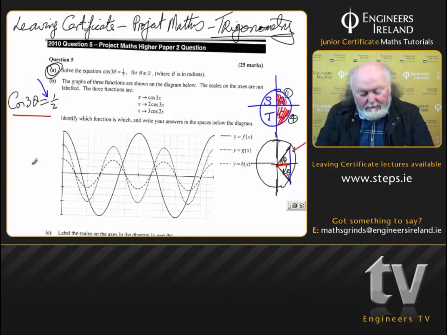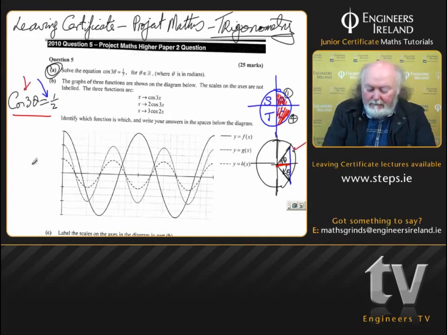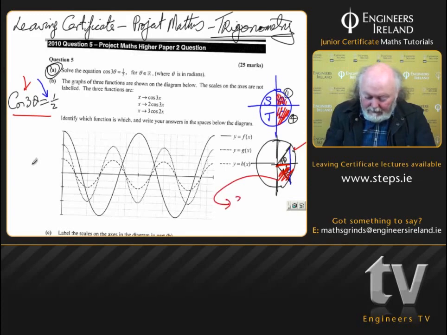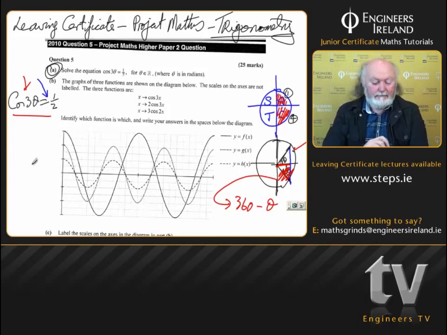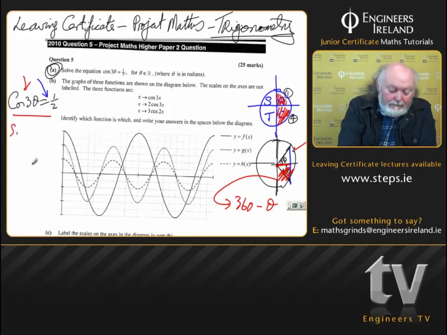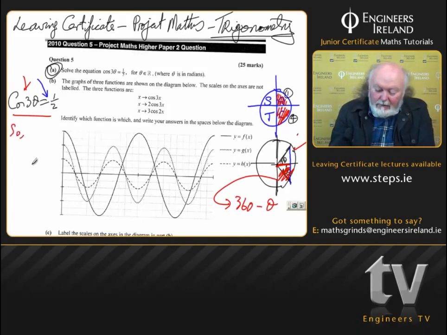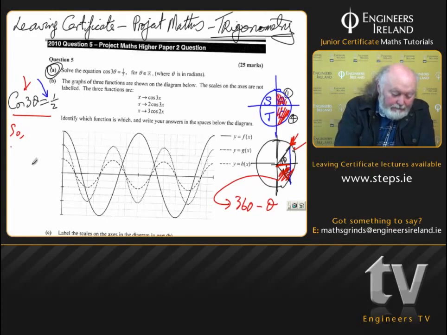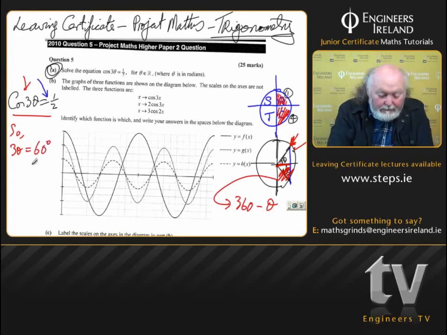The first quadrant solution from here is just the angle itself, theta. The one down here, though, is 360 minus theta. So the angle up here is the one you go for first, always the first quadrant. What angle gives us a cos of a half? It's 60 degrees.